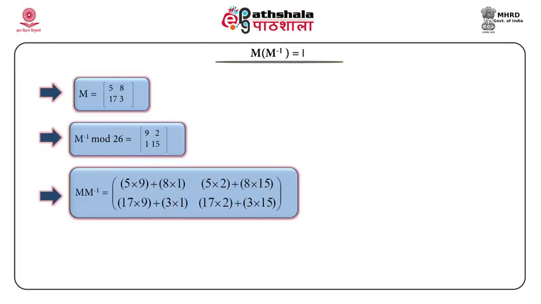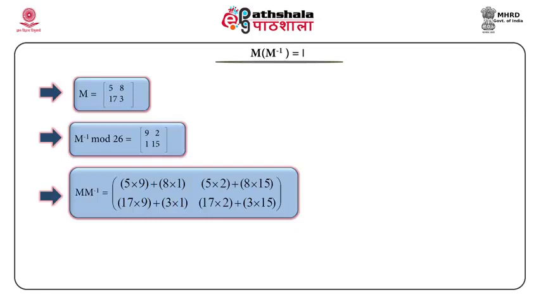You all know matrix multiplication. The row will be multiplied with columns. First row of M is multiplied with the first column of M inverse, the first row with the second column, then the second row with the first column and the second row with the second column.